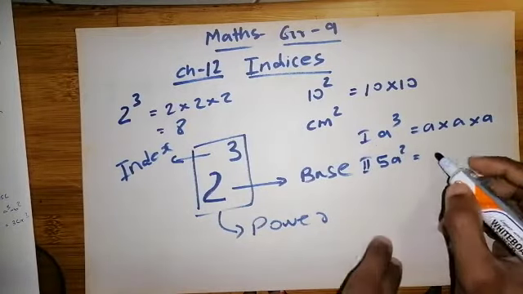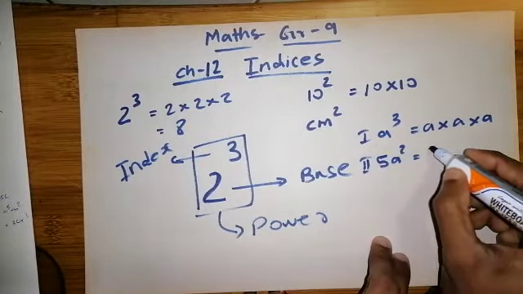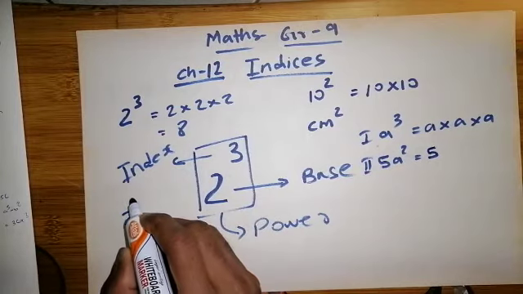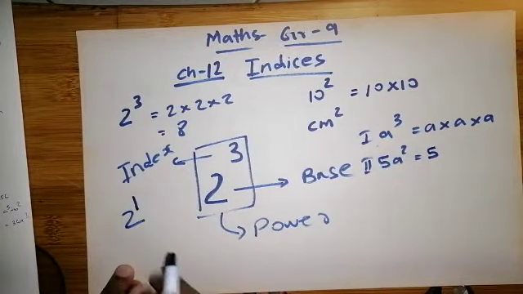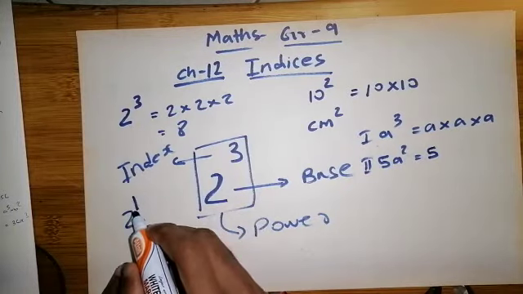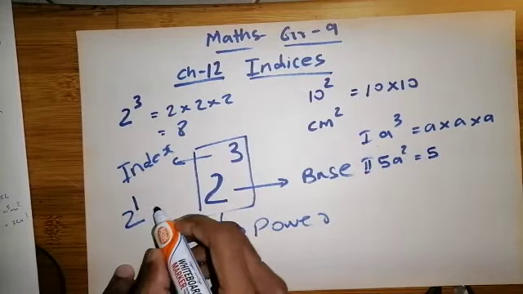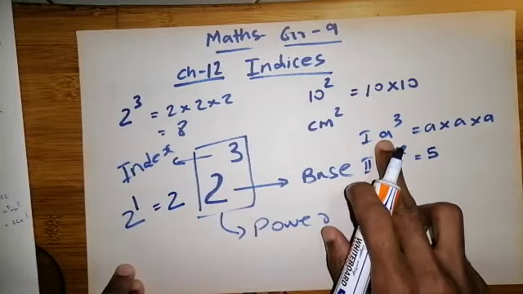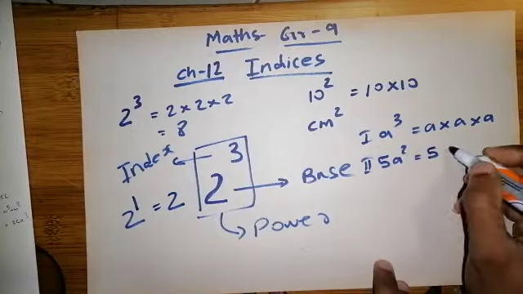The 5 has no visible index. If it is a single number, it always has index 1, power 1. Index 1 means there is only one 5. So 5 to the power 1 is only one 5.